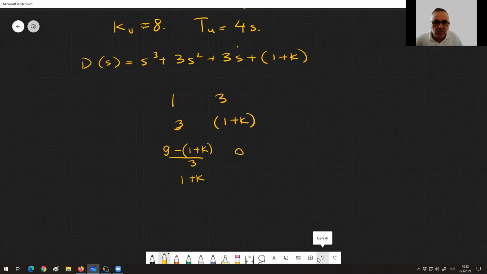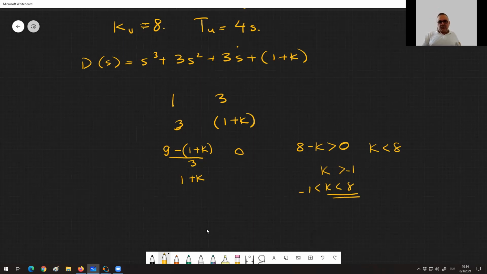So these should all be greater than 0. Now 8 minus k should be greater than 0, which means that k should be less than 8. And here k should be greater than minus 1. So minus 1 less than k less than 8, but k should be less than 8 for stability. And that's what we found in our simulation as well.